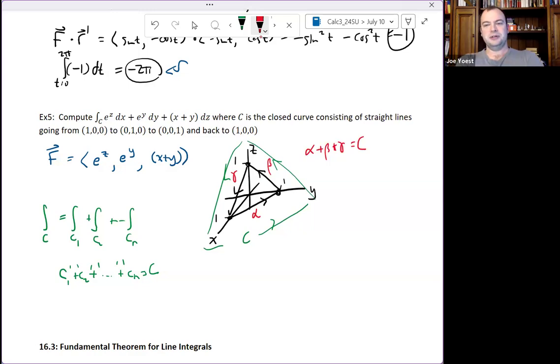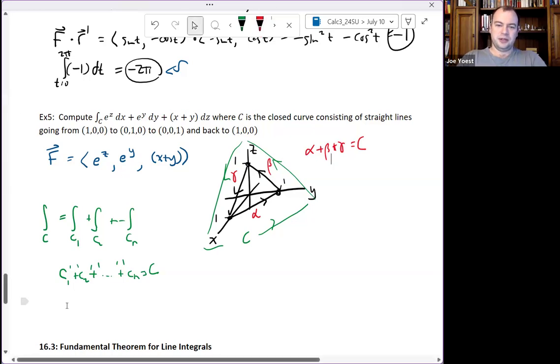So if I traverse alpha, then beta, then gamma, that's traversing the whole curve c, in the right directions. It's important that all of the directions are consistent between the curves. Okay, so I can split this into three integrals.